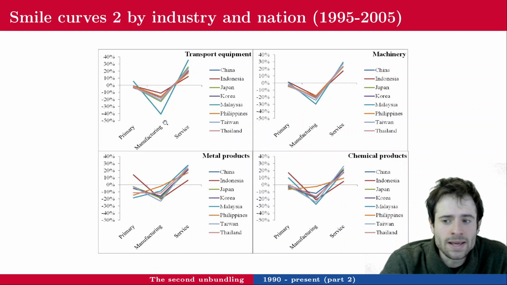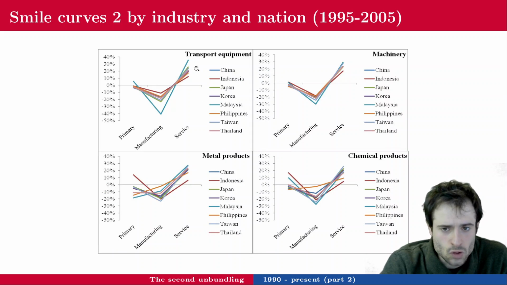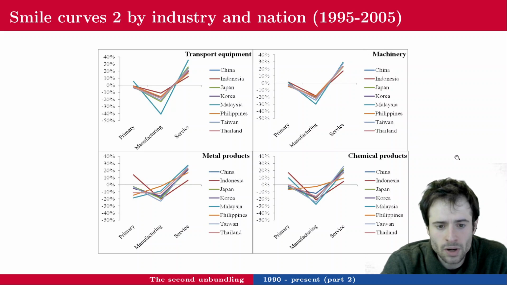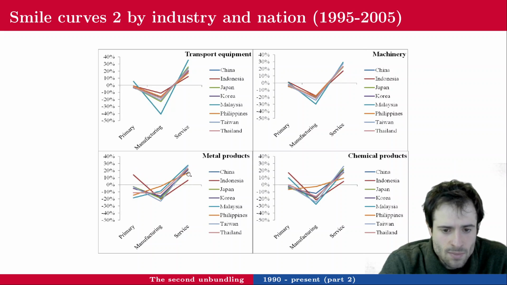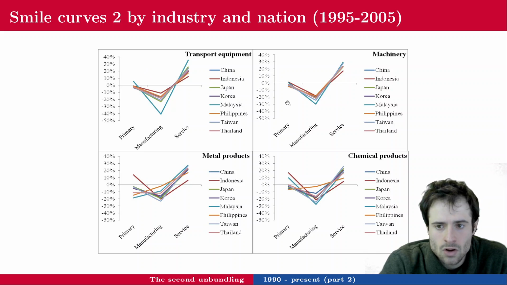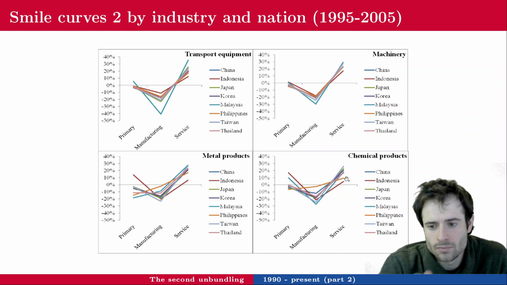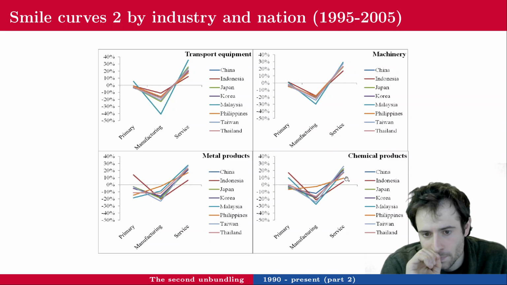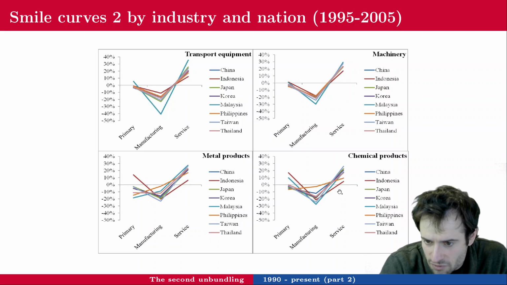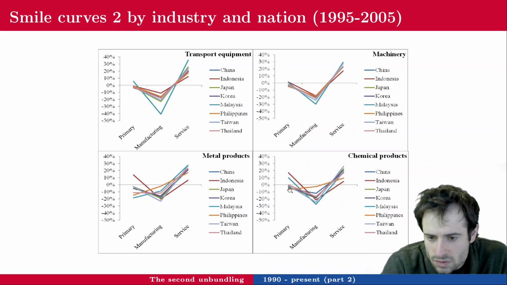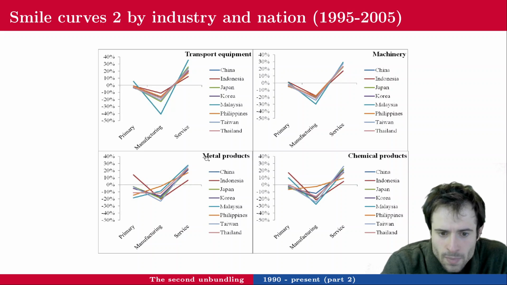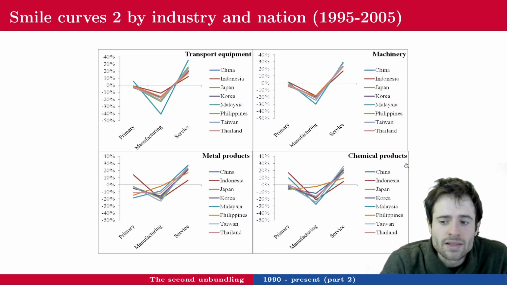You can look at it by industry, transport equipment, machinery, chemical products, and also by nation. Pretty much the same trend is observed. It seems that in particular the Philippines, not so much. It's not as deep for metal products and chemical products, that could be due to just a specialization of that country over the years.